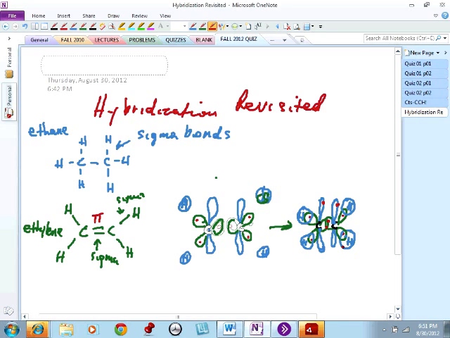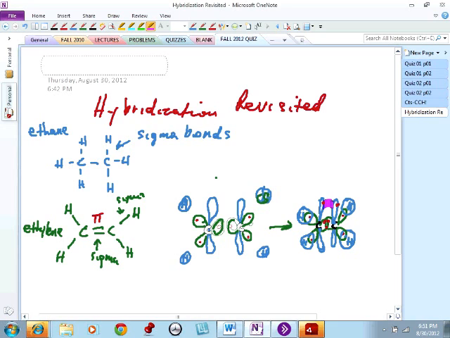So far in this orbital picture we have shown 5 sigma bonds. The only thing now missing is the pi bond.